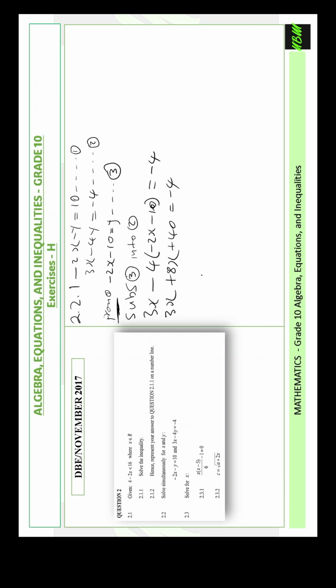Then on the left hand side, collect the like terms, 3x plus 8x is 11x. And then transpose 40, it will be equals to -4 minus 40, which is -44.